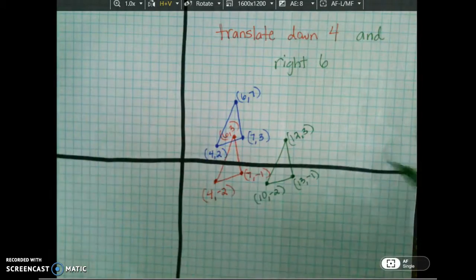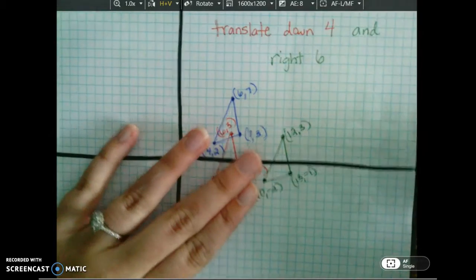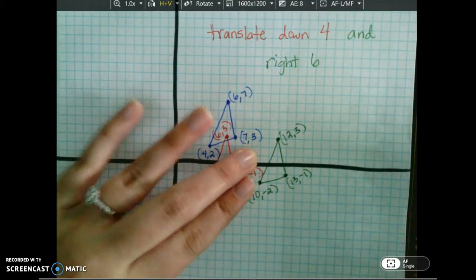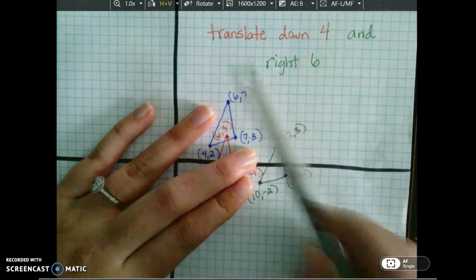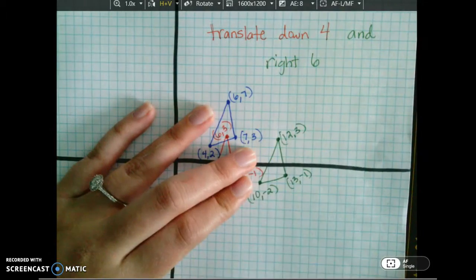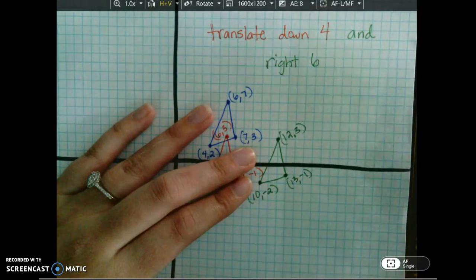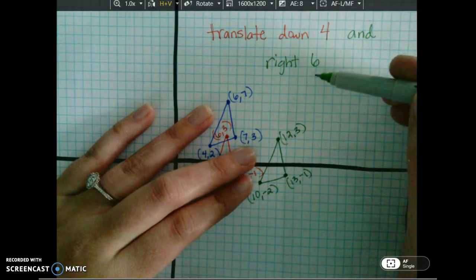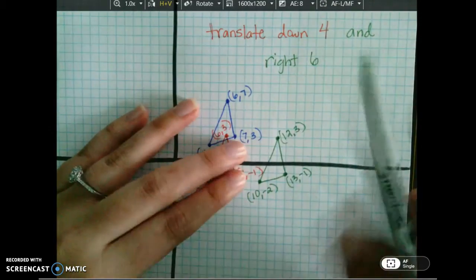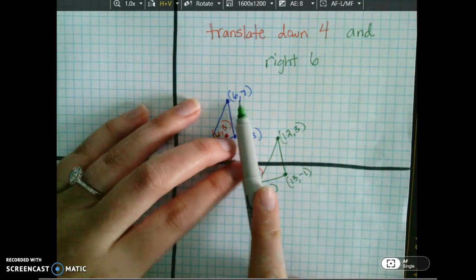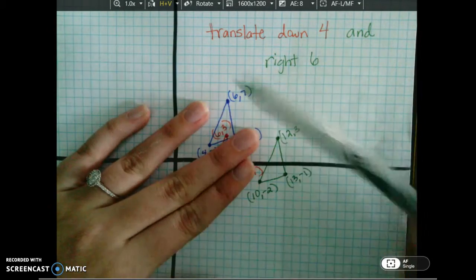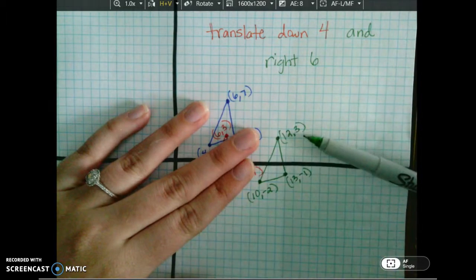Now, let's look at these points compared to my original ones in blue. So let's ignore the orange for a moment and just look at my blue points. If I went down 4 and right 6, that means my y is going to be minus 4, and then my x is going to be plus 6. So let's look. 6 plus 6 gives me 12. 7 minus 4 gives me 3. There's that point.